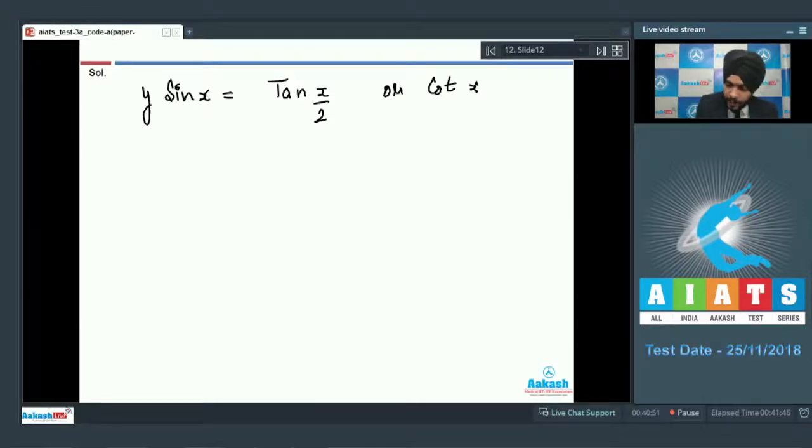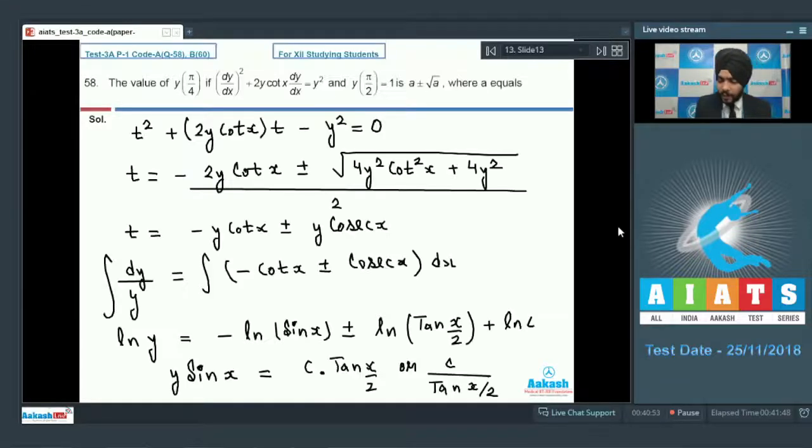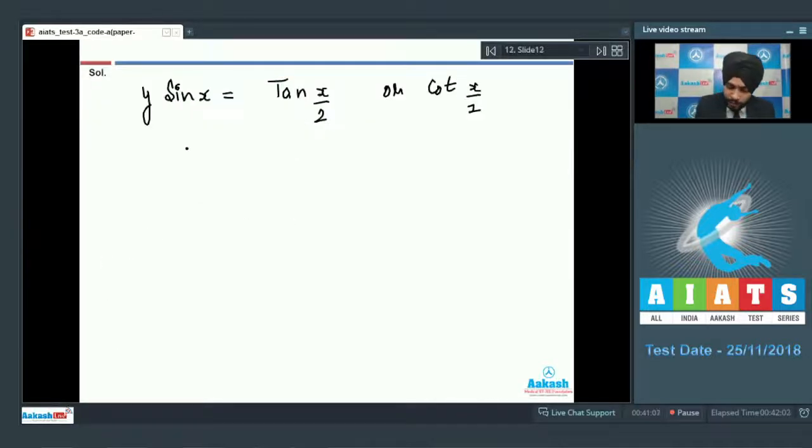So considering one side positive sign in the quadratic formula and one side negative sign, I have two possibilities. You can also see that the given form has two values as the answers. I need y(π/4). So what is y(π/4)? y/√2 = tan(π/8) or cot(π/8), so √2 − 1 or √2 + 1.